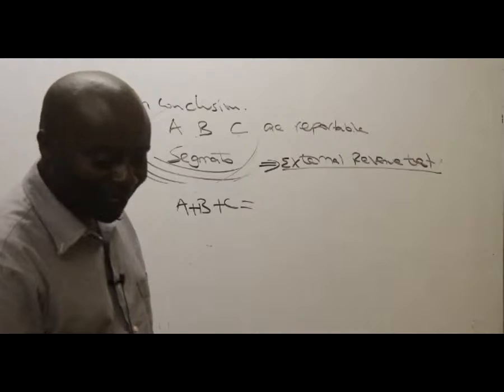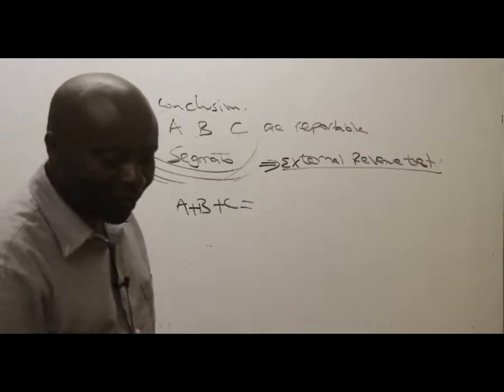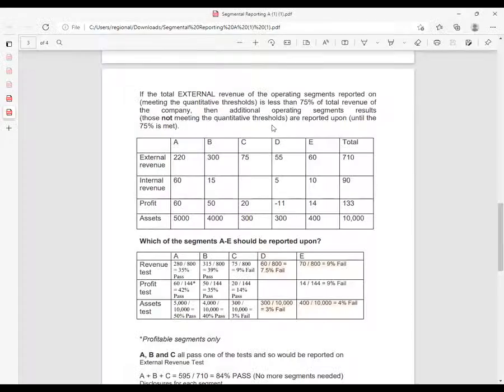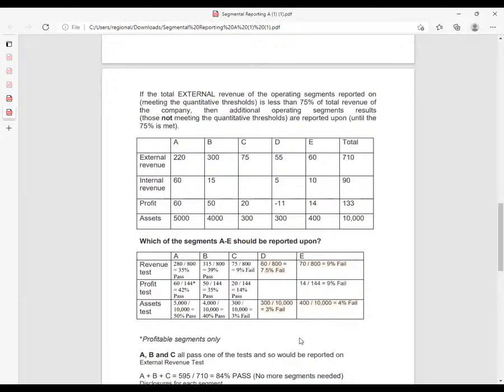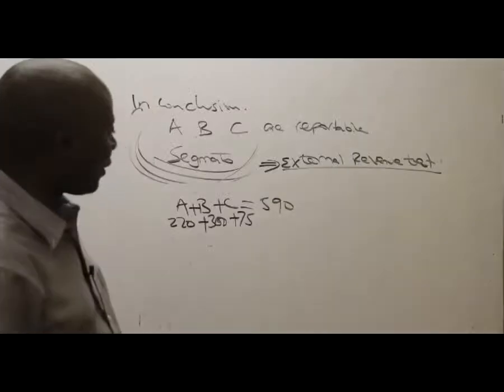Thank you very much. I can see the figures are coming in. Remember, we are only taking the external revenues. External revenue of A is 220, B you have said is 300, C is 75. I was told the total is supposed to be 595, sorry for that.